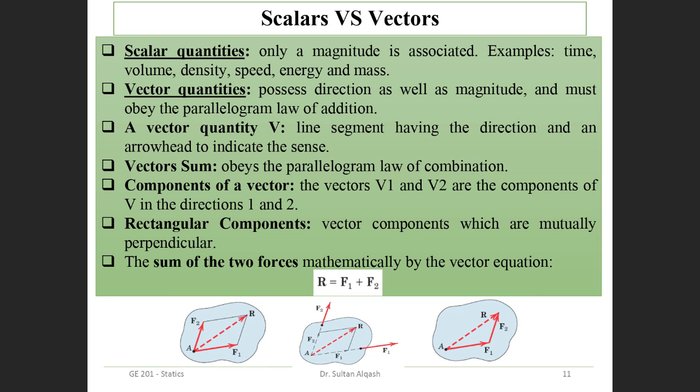So we use an arrow as a vector. This arrow is just a representation of the force. But we cannot see velocity, we cannot sense it. It is not tangible.